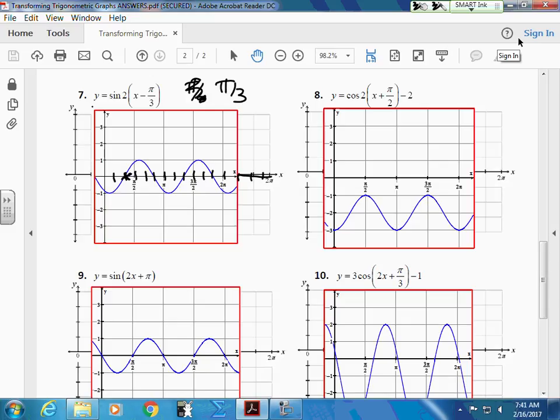Agreed. Okay, now, it has a frequency of 2. What does that mean to me? And how many 2 cycles into pi? Or let's just say 360 degrees.